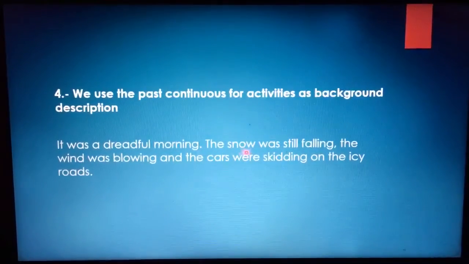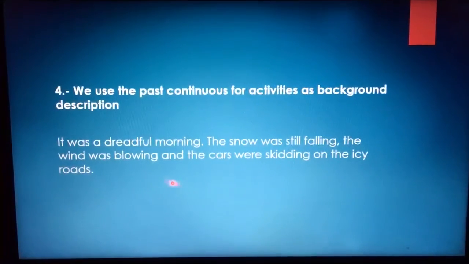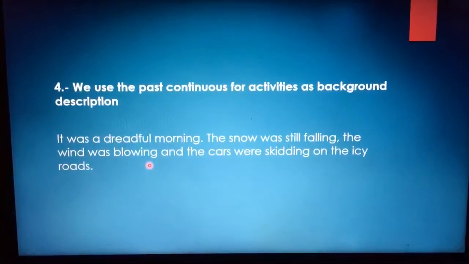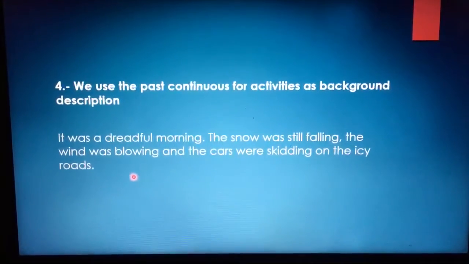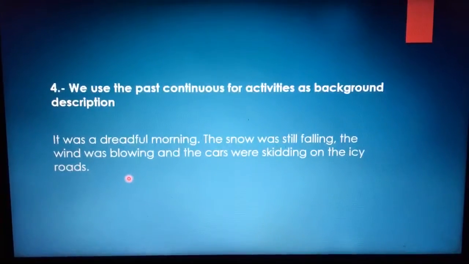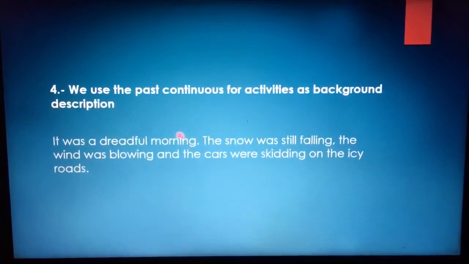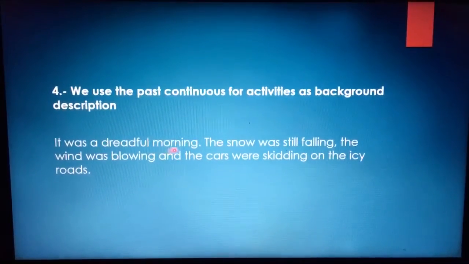The snow was still falling, the wind was blowing, and the cars were skidding on the icy roads. So again, we're using past continuous to describe a background, the environment on that morning.